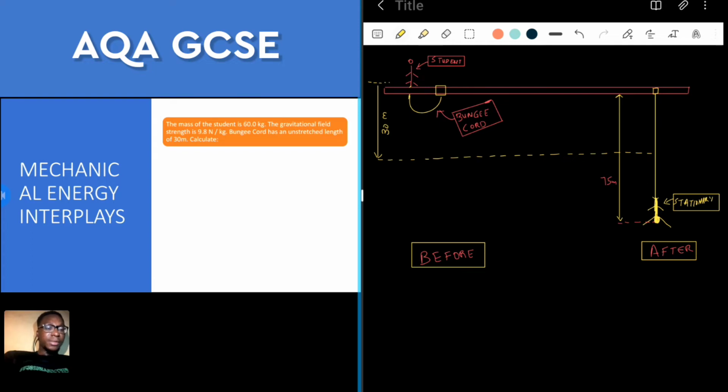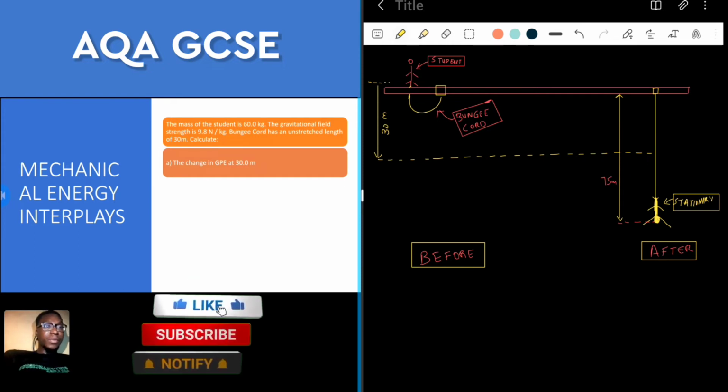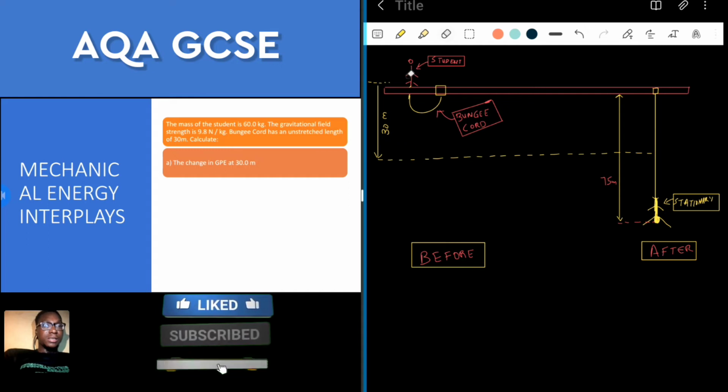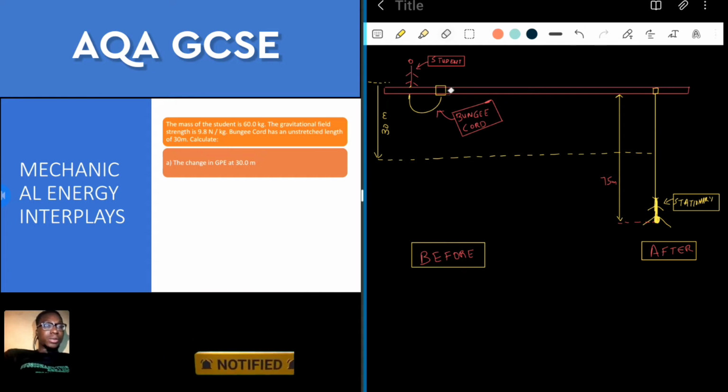All right, so what are we asked to do? We're asked to calculate the change in GPE. GPE is the gravitational potential energy. Now, the student right here, the bungee cord attached to the student, once he jumps to this point, the student will not put too much stress.